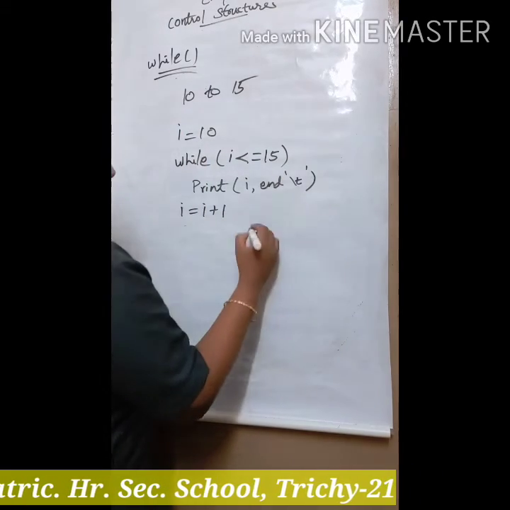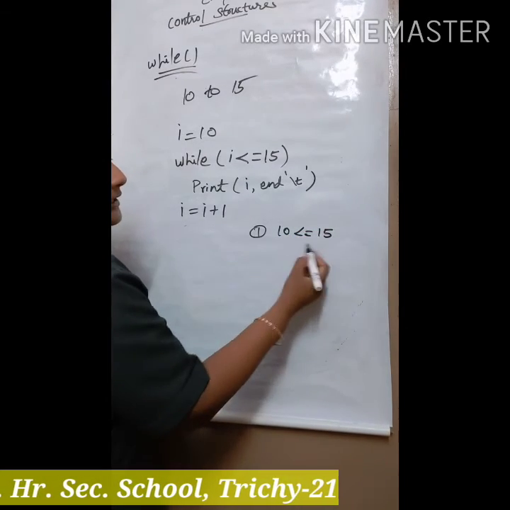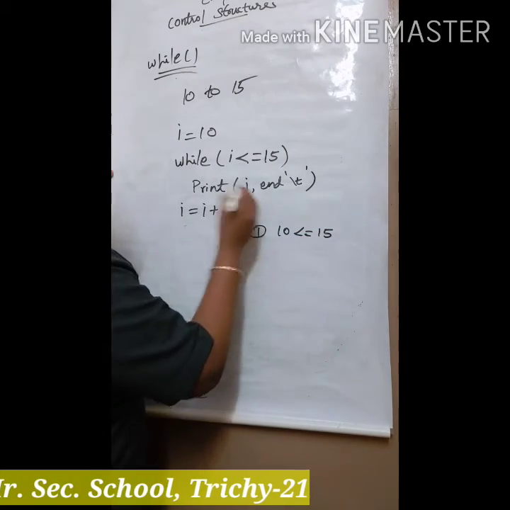The first time it checks the condition, 10 less than or equal to 15. Here the condition is true, so it prints the I value.